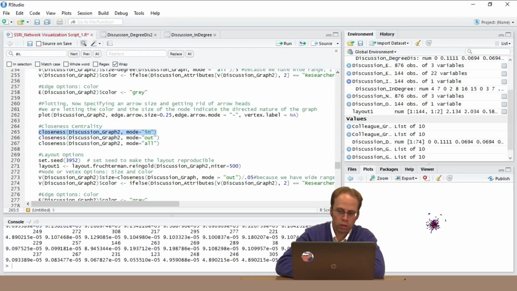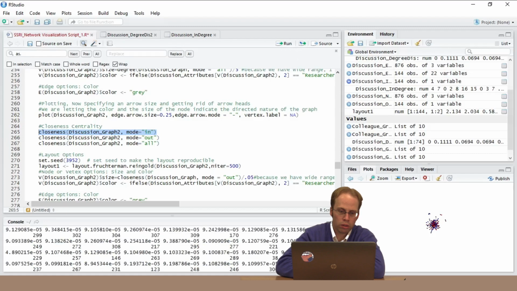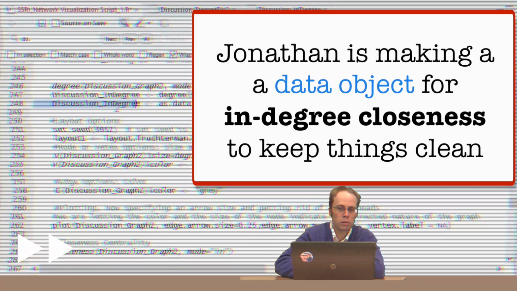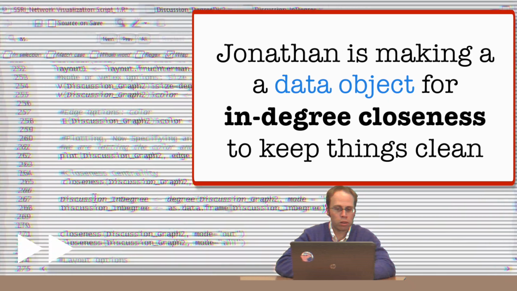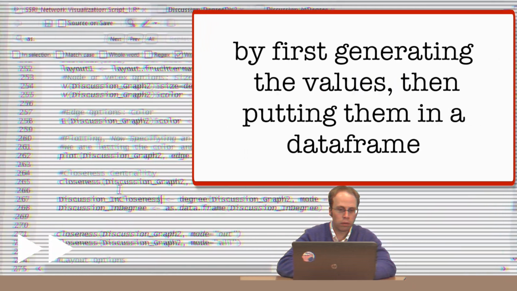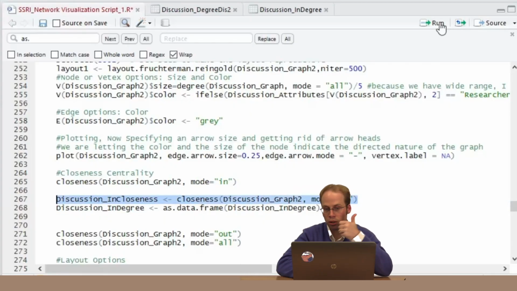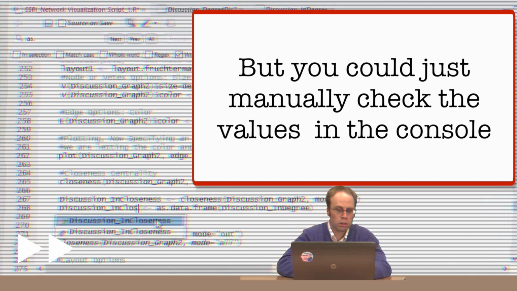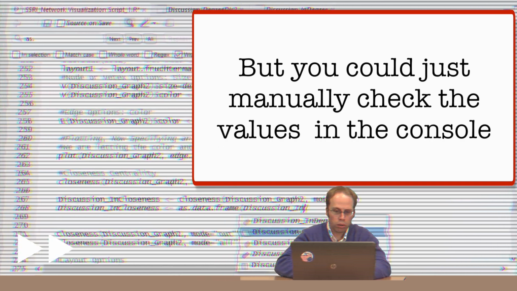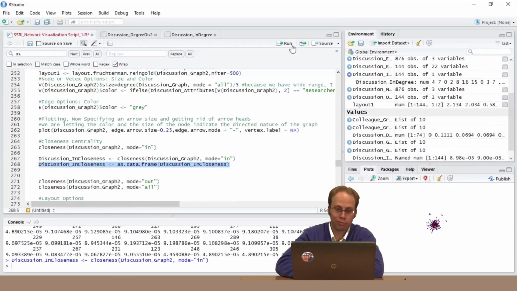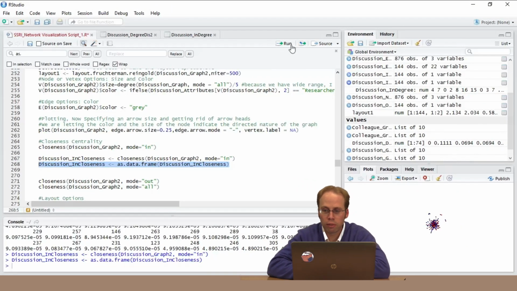Okay. And let's try to make this a data object. All right, it says it made an object. Yes. All right, good.